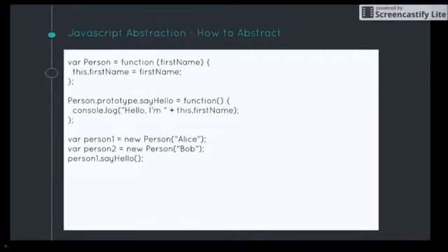Now when we do person1.sayHello, we will retrieve Alice: Hi, hello, I'm Alice. That's a simple way of showing you that abstraction can happen on a very small level. If you take person, you can break it down into different types of people and inherit from that person, and it can become even better abstraction.